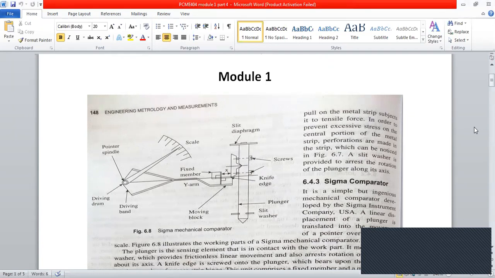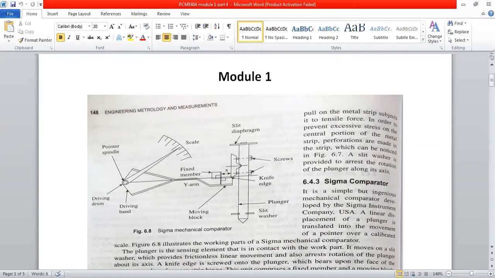Yes, sir. Okay. So here is a plunger that is shown in the diagram. This is the plunger.